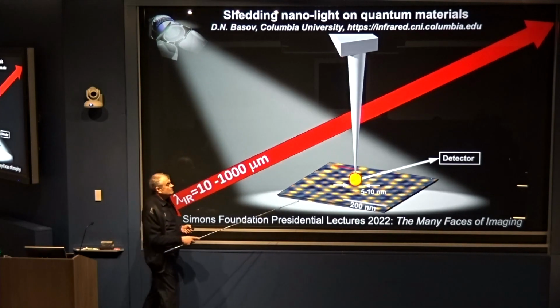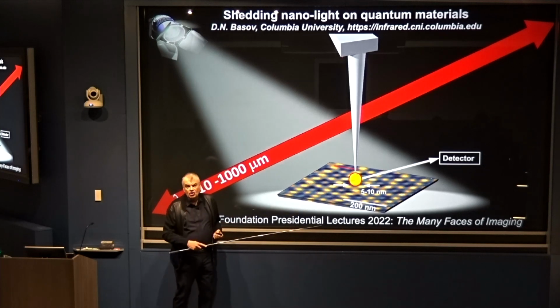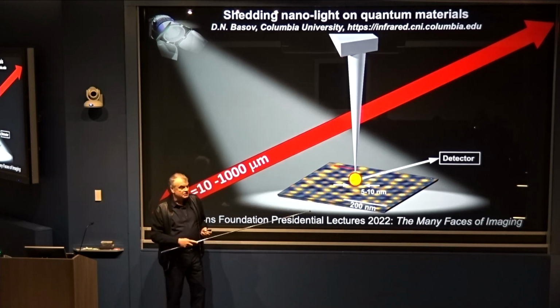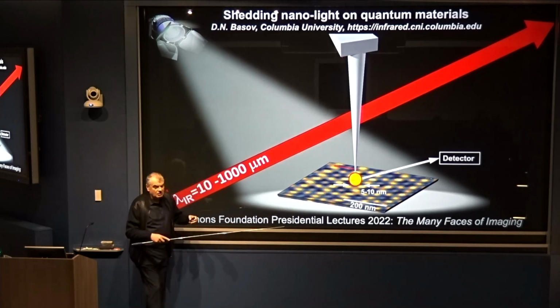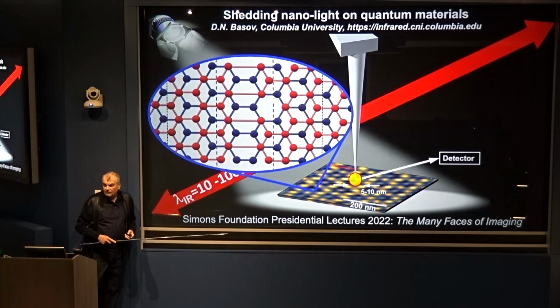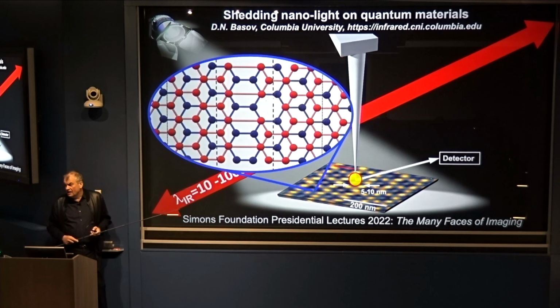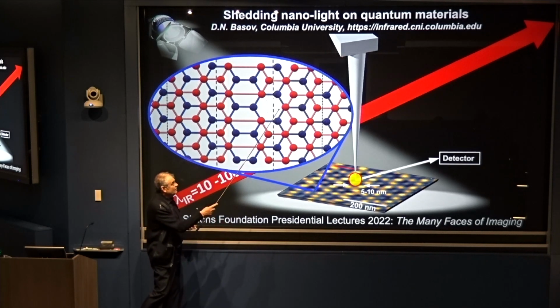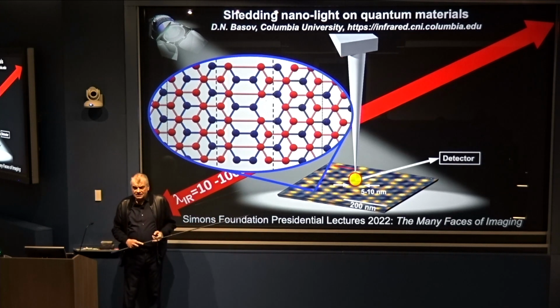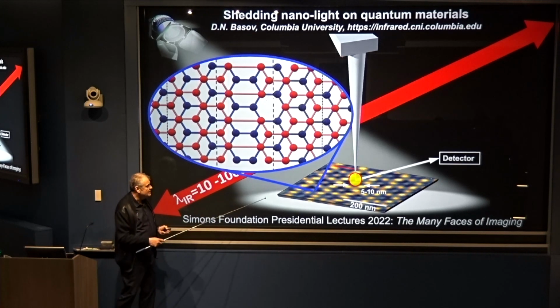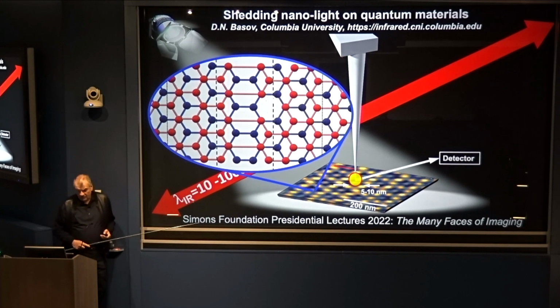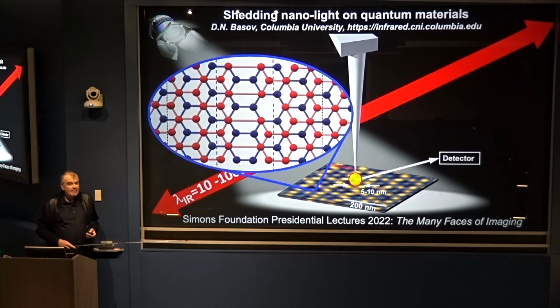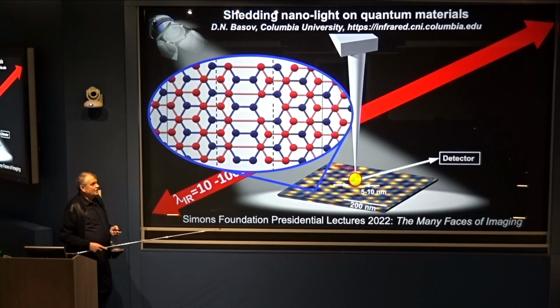It's an image produced by atomically narrow domain walls in twisted van der Waals materials. These domain walls are only a few atoms wide, and nevertheless with nanolight you can visualize these properties, and you can understand the physics of this material. So that's what we are doing at Columbia in a nutshell.